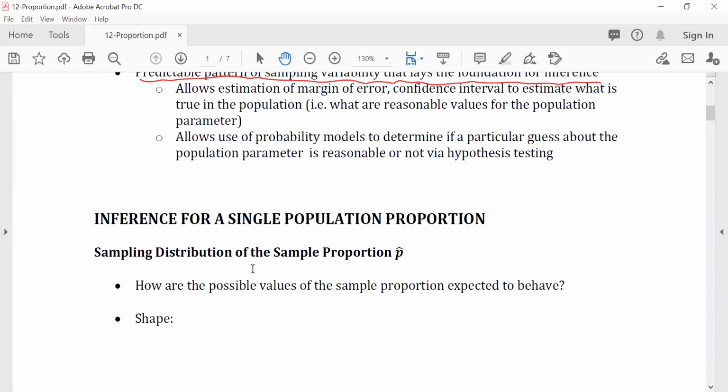If you repeat this procedure, say for 1,000 times, you will have 1,000 sample proportions. All those proportions will form a sampling distribution. That's called the sampling distribution of the sample proportions. So what do you think this distribution would be like?